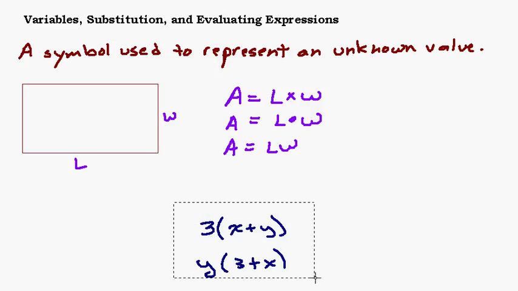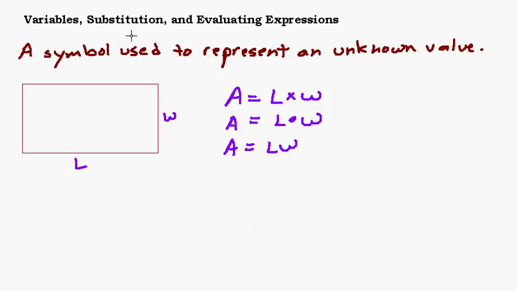Alright, let's get rid of this and talk about the next thing, which is the idea of substitution. Substitution means that you're actually going to put a value in for one of the variables. For example, let's say I measure this rectangle and it turns out that the length of this rectangle is 4 feet and the width is 3 feet.